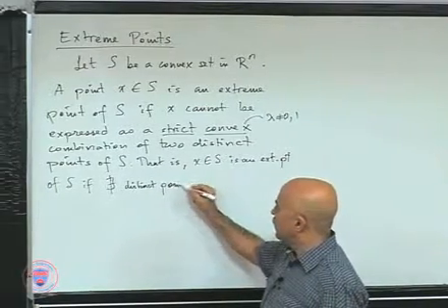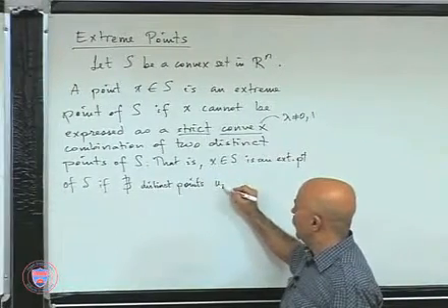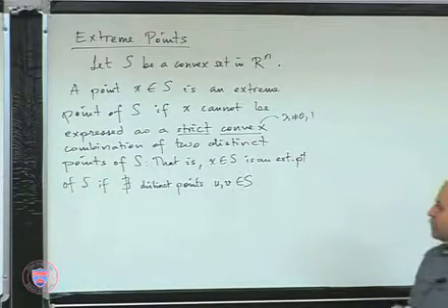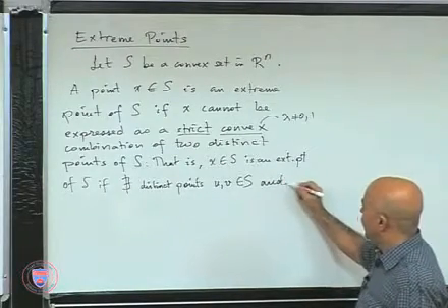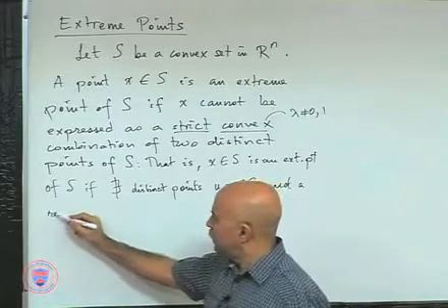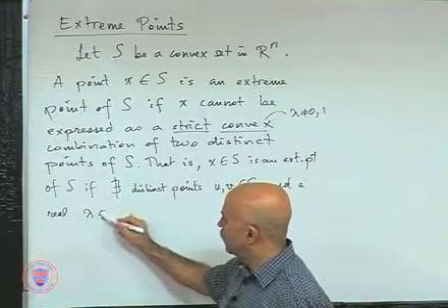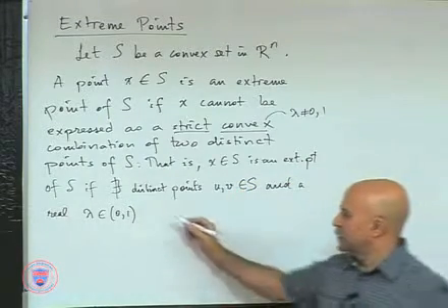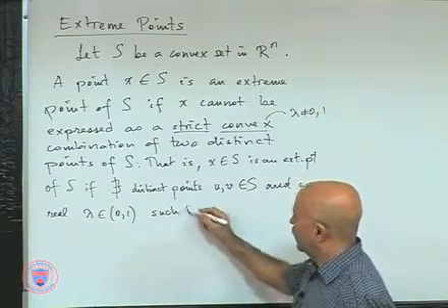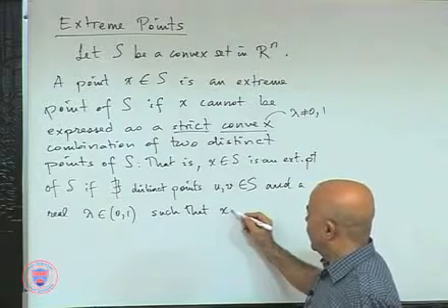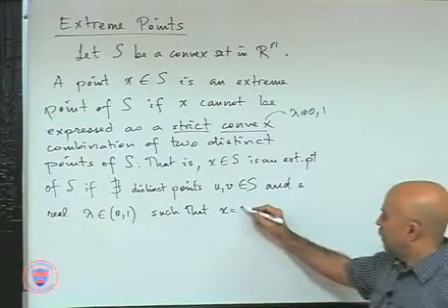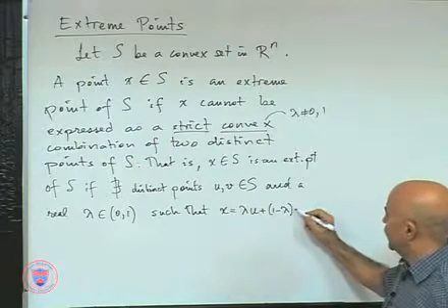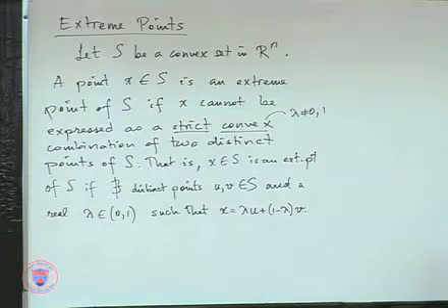Distinct points U and V in S and a real lambda in the open interval 0 to 1 such that X is lambda times U plus 1 minus lambda times V. Okay?